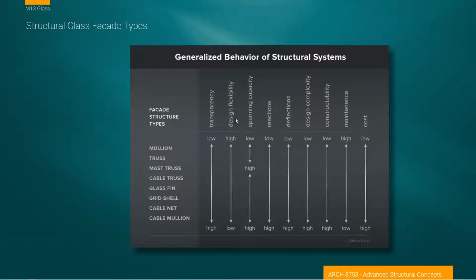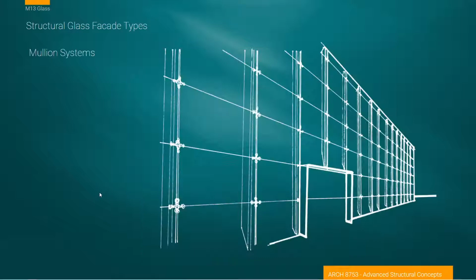Design flexibility, there it is. I'm sorry. So at the top of the scale, that has systems like a cable mullion that has a very high amount of transparency, but also an associated amount of cost, and then surprisingly the least amount of design flexibility. So it's a complicated matrix.